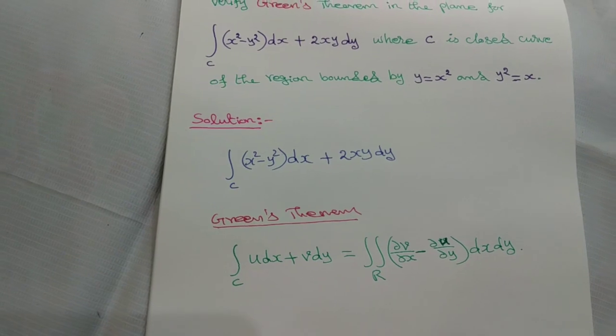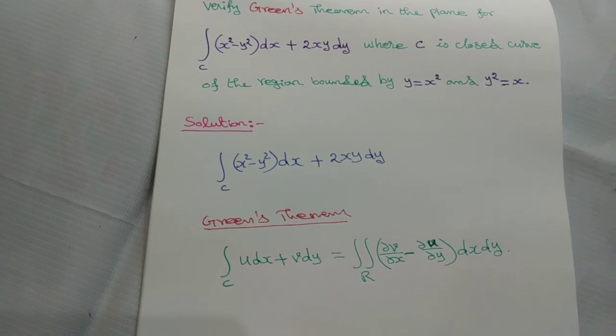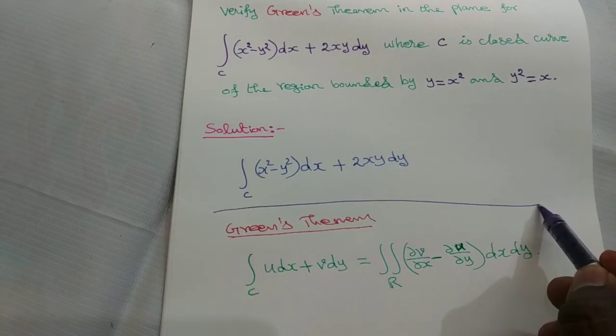So this is the formula for Green's theorem, and I want to verify Green's theorem.